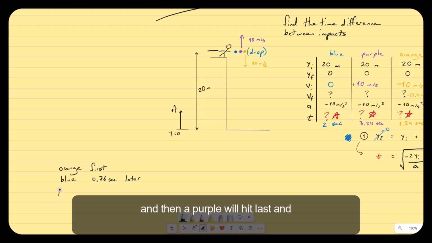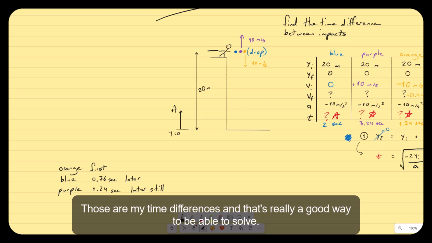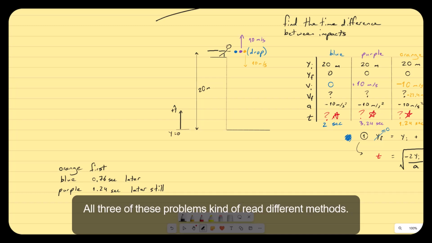And then the purple will hit last, and that is from 2 to 3.24, it's 1.24. Those are my time differences, and that's really a good way to be able to solve all three of these problems, kind of three different methods.